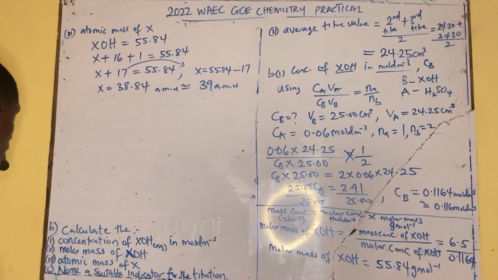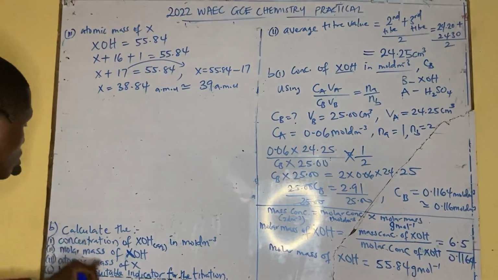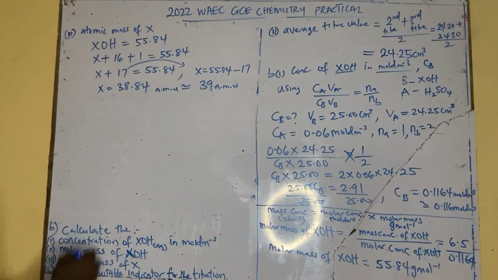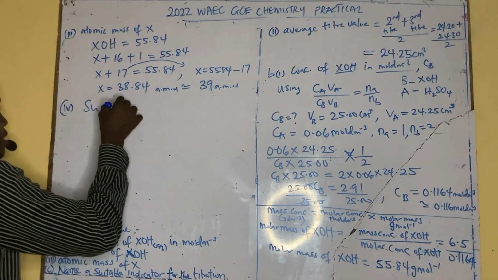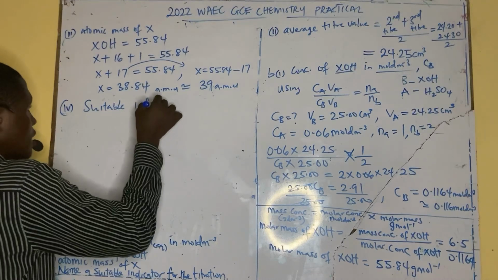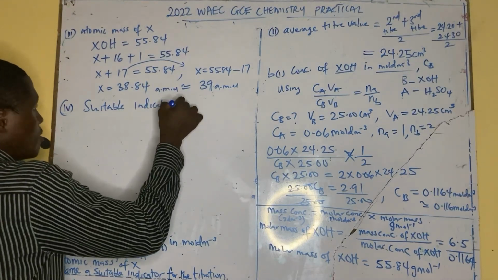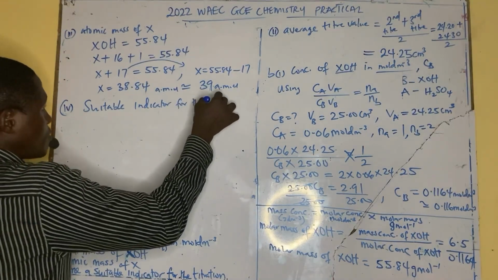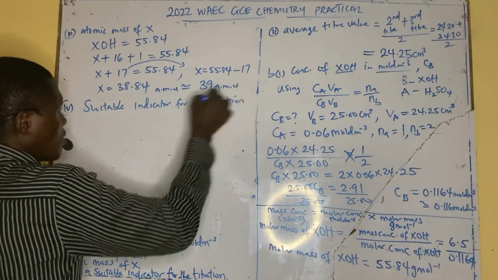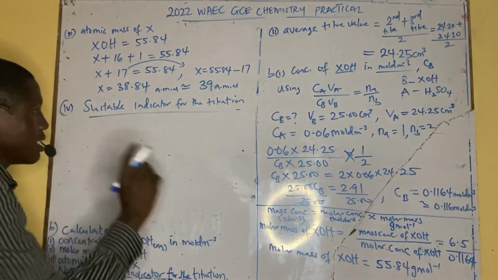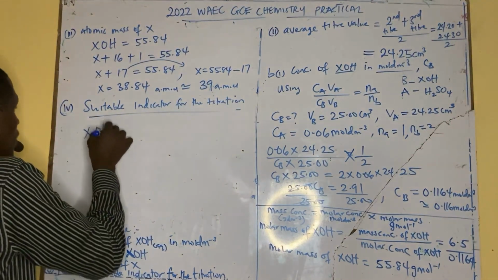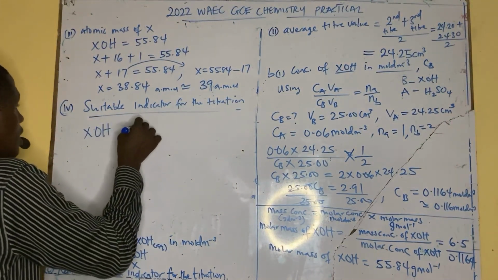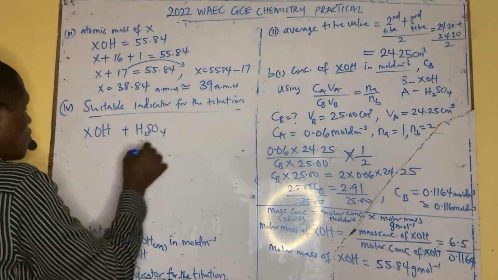And the last question here says, name the suitable indicator for the titration. Now, for the suitable indicator, look at the reaction. The reaction is between XOH plus H2SO4.